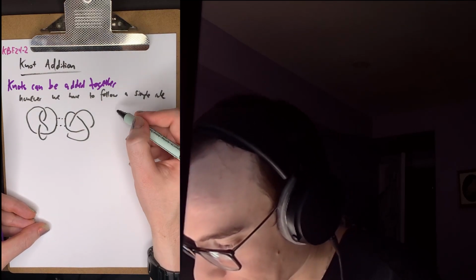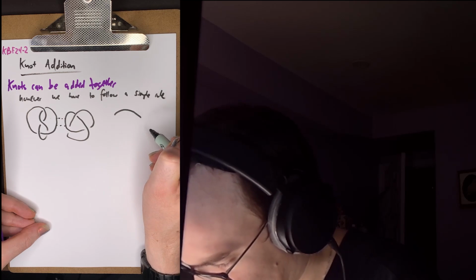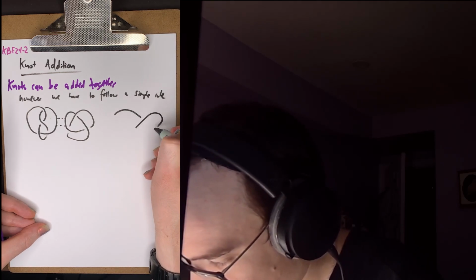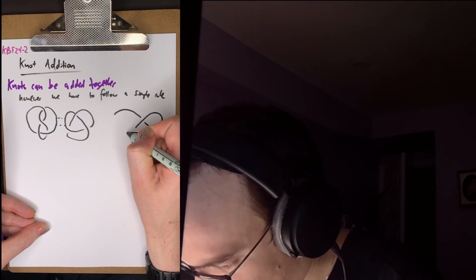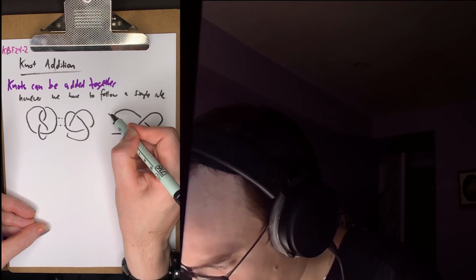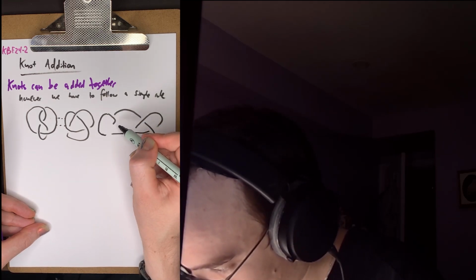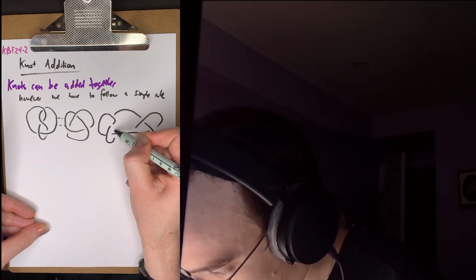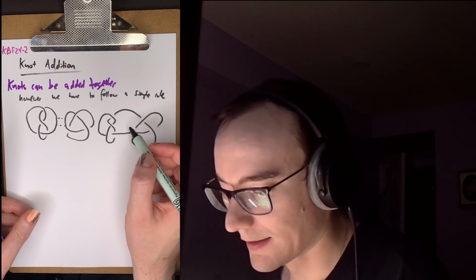So in practical terms, I would end up with a knot that went over like that, came around like that, around like that, wrapped around something like that, and that would be our final knot.